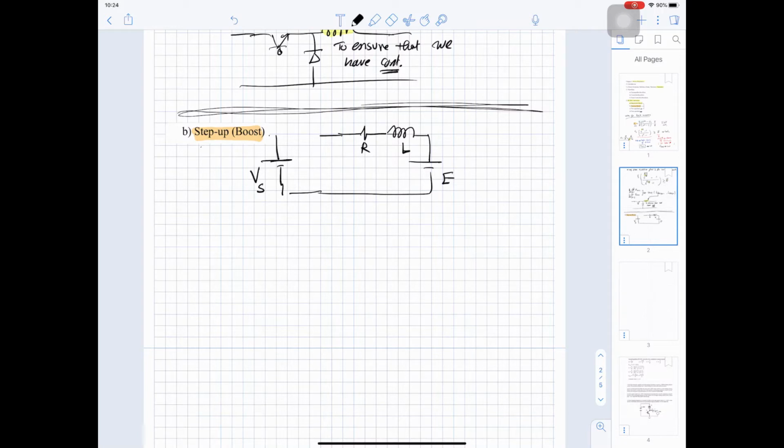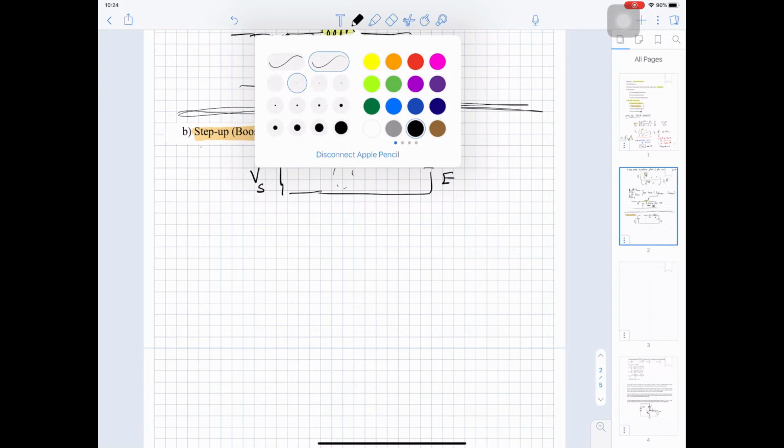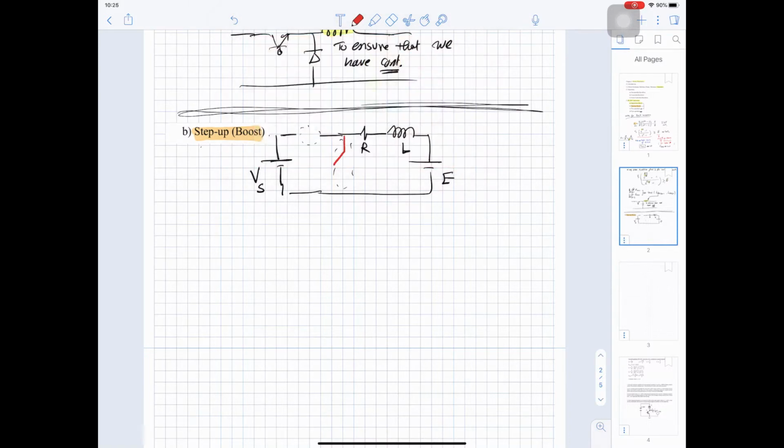What we did last time is we added a switch here, and we added a diode here. For the second quadrant or the boost, we will reverse it. So we will add a switch here, and we will add a diode here. So this is a boost converter.